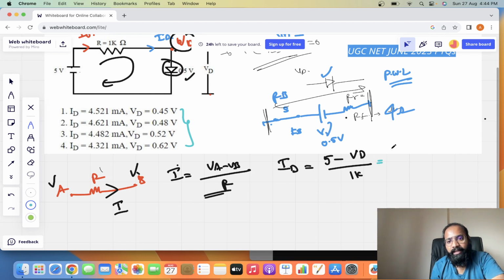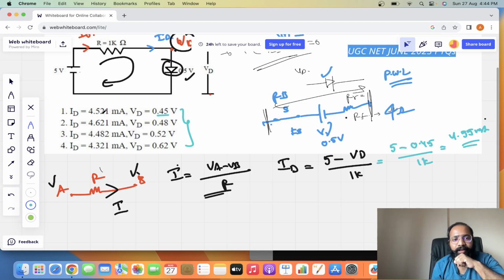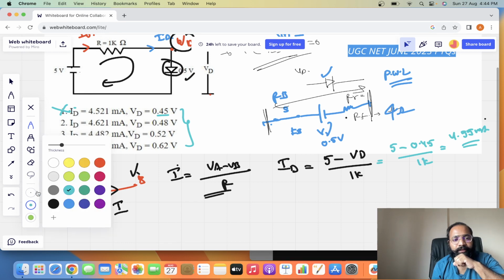For the first option, 5 minus VD, which they gave as 0.45, divided by 1K. Then 5 minus 0.45 means how much you are going to get? 4.55 milliamperes. That means if VD is equal to 0.45, then you get ID as 4.55. Here they gave 4.521, which is the wrong option.